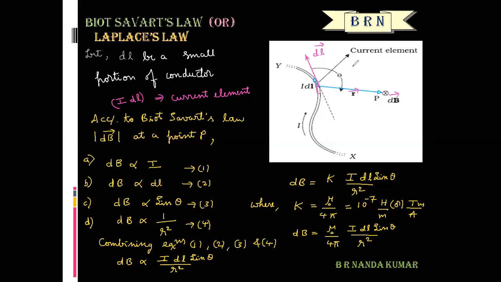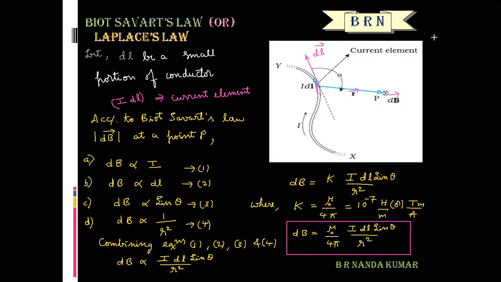So this is the mathematical expression for magnitude of magnetic field around the current carrying wire, and this is a very, very important mathematical expression.